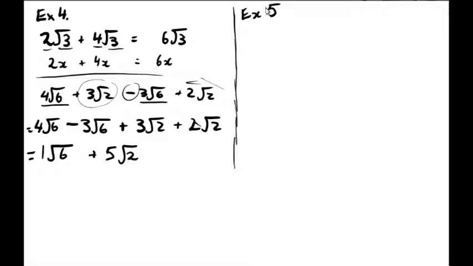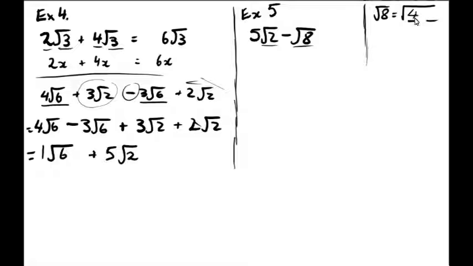Example 5, now we're going to do similar things. We're simplifying these surds. We've got 5 root 2, take the square root of 8. This time we don't have like terms, but I can simplify the square root of 8. Just on the side here, using our properties of surds, two numbers multiply to get 8, and one of them has to be a perfect square.